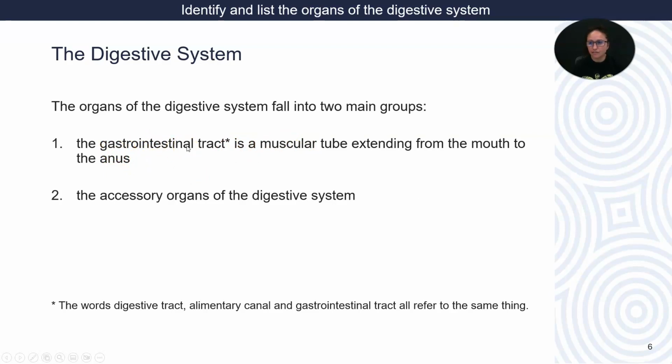If you hear the words digestive tract, alimentary canal, and gastrointestinal tract, they all refer to the same thing, which is this long muscular tube. Then you've got the organs that interact with this tube, the organs that work with this muscular tube.